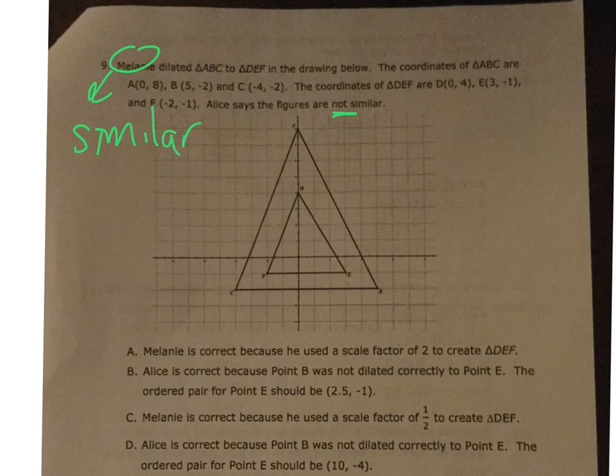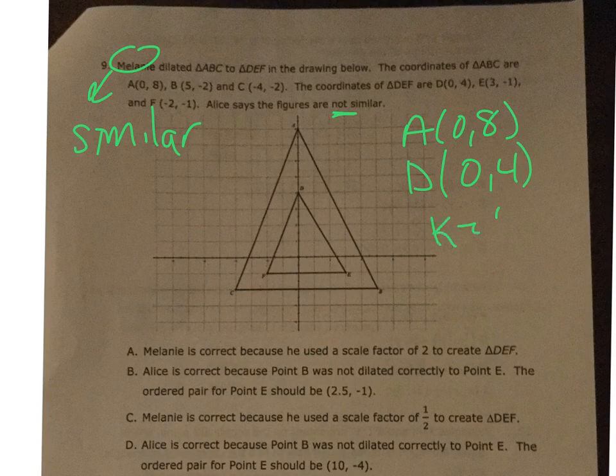So if I look at those points, I'm going to write them this way. A is 0, 8, and its corresponding point D is 0, 4. So I can see that my scale factor here is new over old, 4 over 8, which is 1/2.